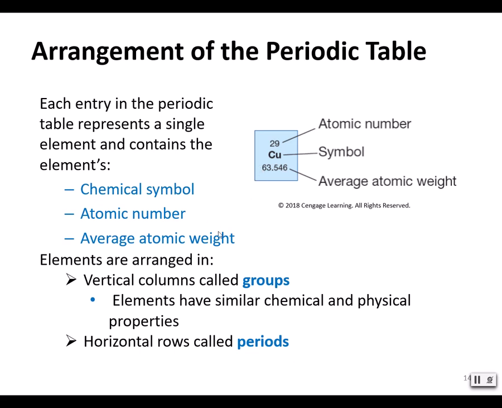It takes into account the prevalence of particular isotopes for that species. So atomic number, number of protons, on top. Atomic mass is the number underneath. It's a weighted average, and the unit for those masses is atomic mass units, or AMUs.